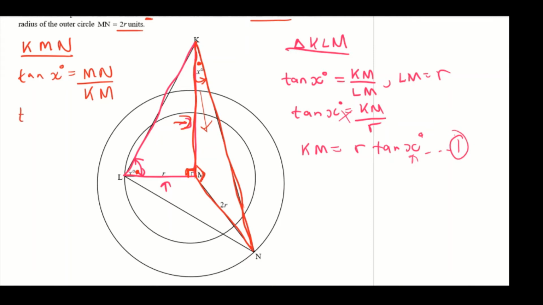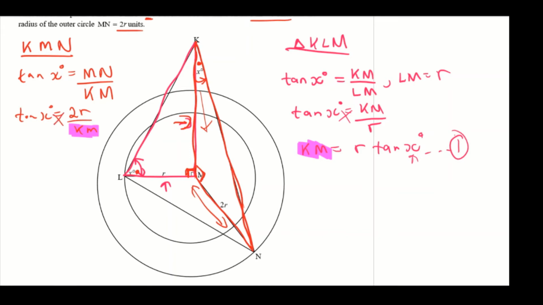We know MN is 2r, so tan x degrees is equal to 2r over KM. So you see now that we have an expression with KM, which we used here, so you can equate this equation to KM.